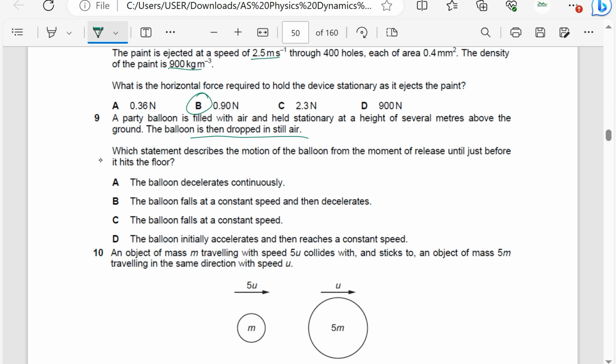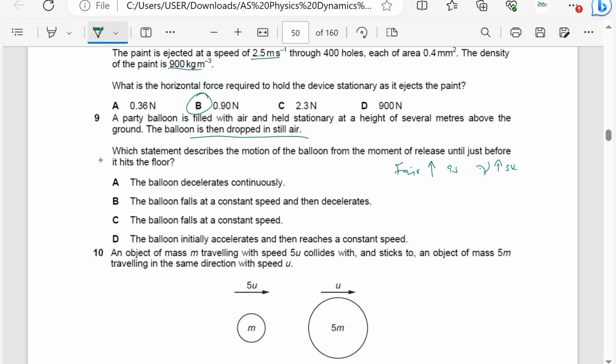So of course we know that as speed increases, air resistance also increases. That means a point is going to be reached where the speed becomes constant. So force due to air increases as V increases.